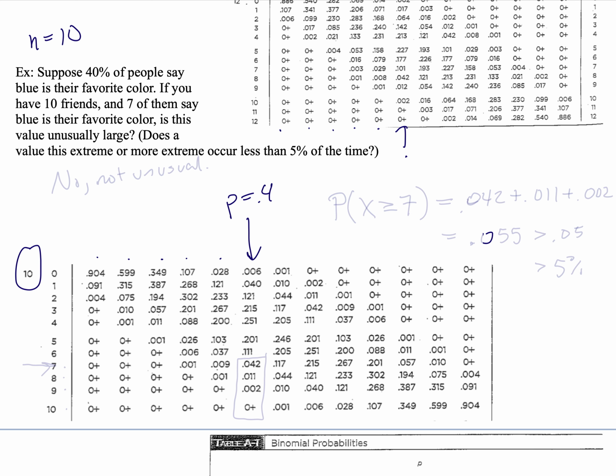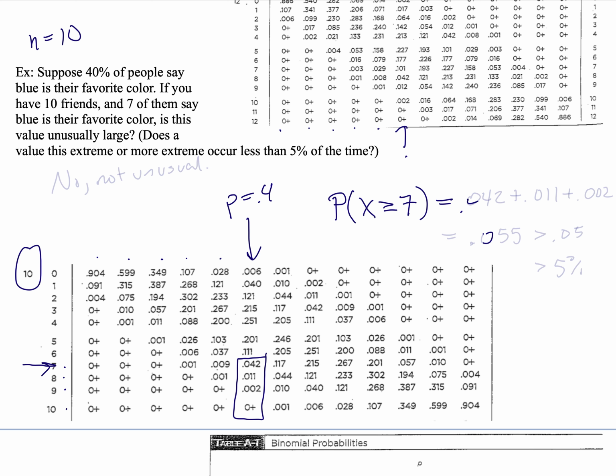And so does this value of 7, if 7 of your friends say that blue is their favorite color, is this unusually large? As we said, we want to look at the probability that x is equal to 7 or higher. We want to look at the probability of a value this extreme or more extreme. So the probability that x is greater than or equal to 7 is adding up those probabilities for x equals 7, x equals 8, x equals 9, and x equals 10.